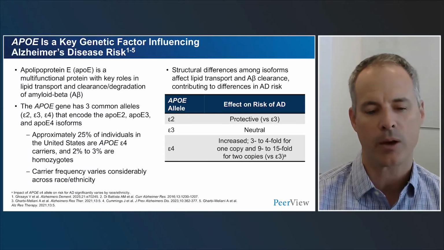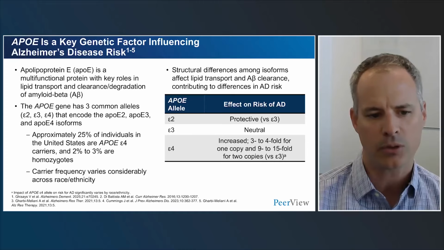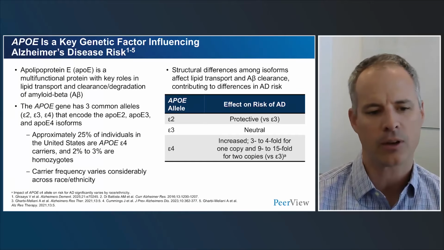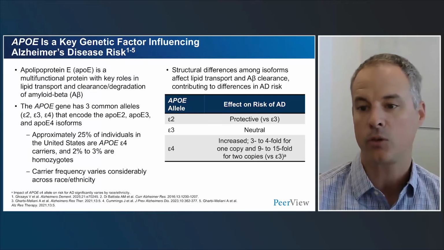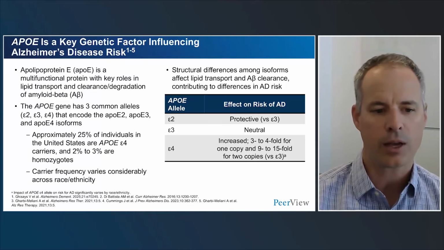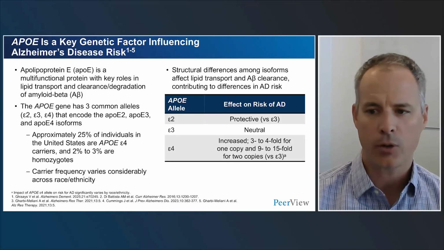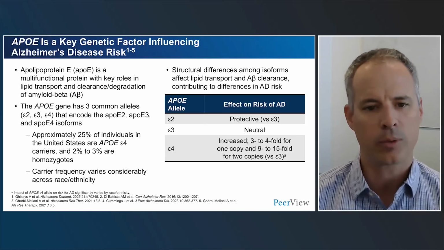APOE4 is present in about 25% of individuals, and about 2 to 3% of people in the United States are homozygous for this, meaning they carry two copies of it. So it's a fairly common gene to have one copy of, to be a heterozygote. Homozygosity is infrequent, but not terribly so.